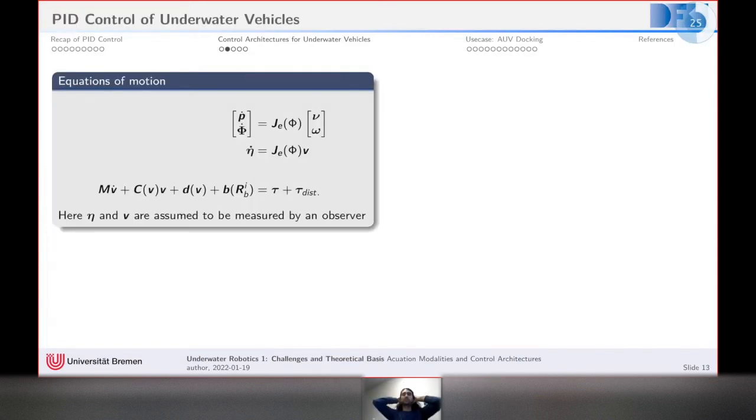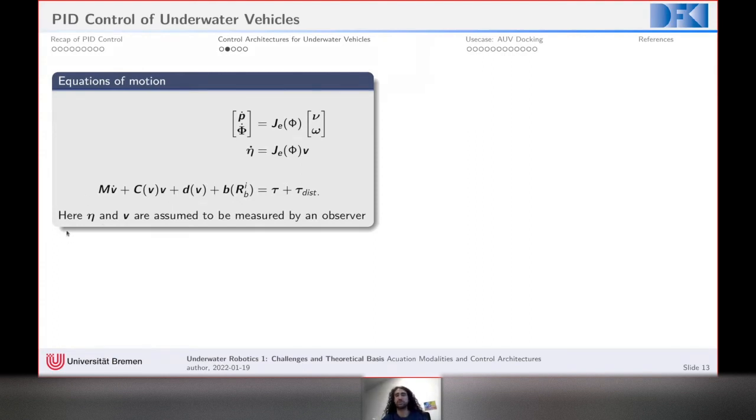So just let us recall a little bit the equations of motion that we have here. So the kinematics, and this is the dynamics, and we did a little bit of simplification, so we just lumped the mass and the added mass together. We assume that at the moment there are no ocean currents, or we can estimate them somehow and then take them into account, but just for the sake of simplicity.